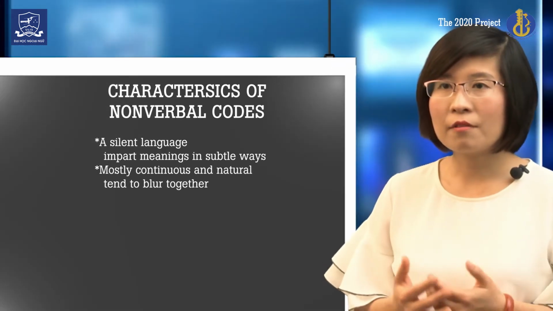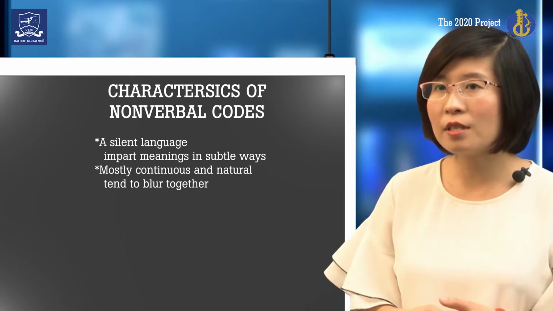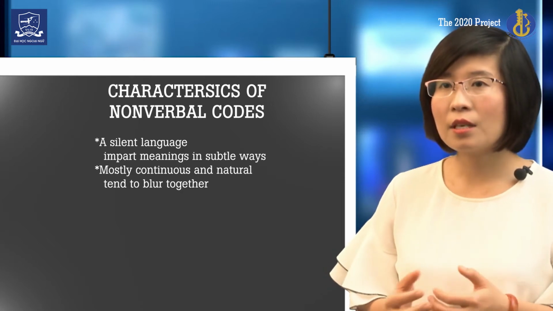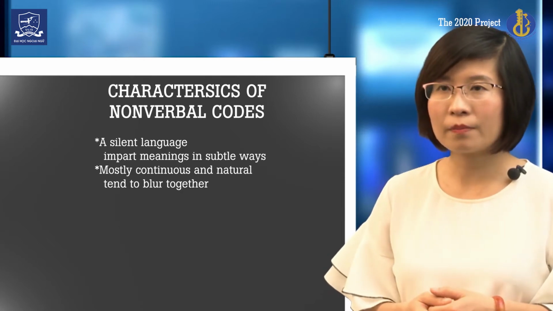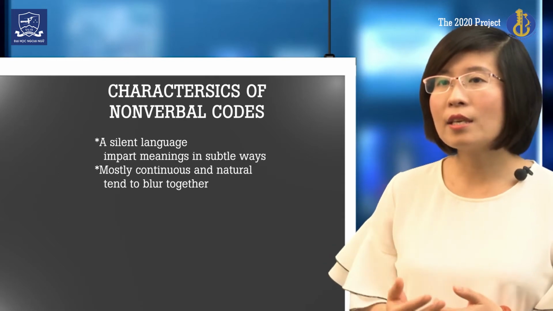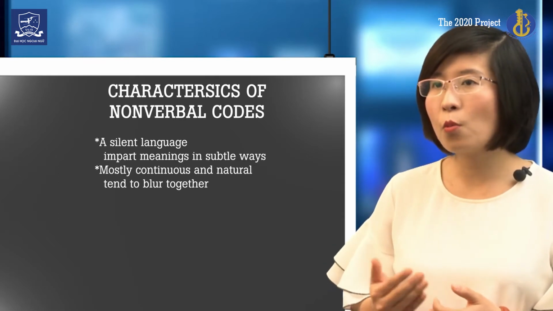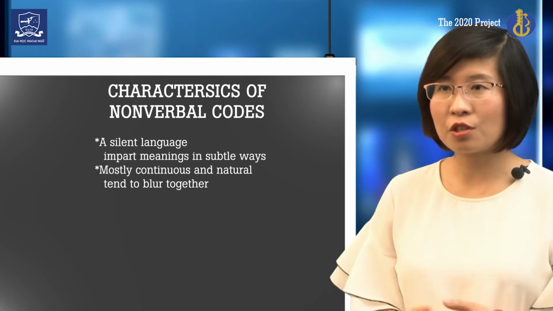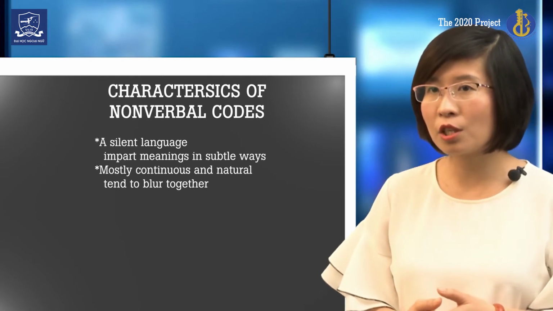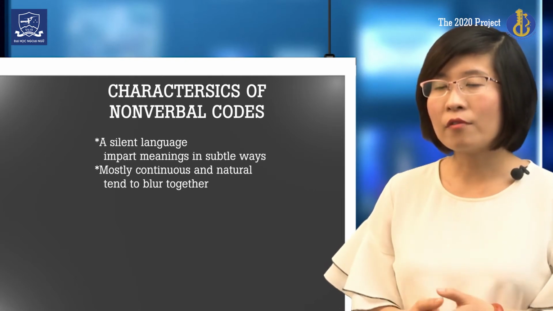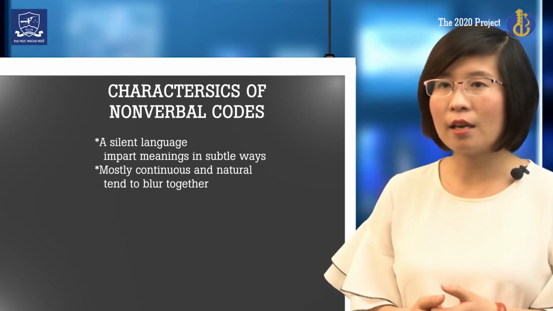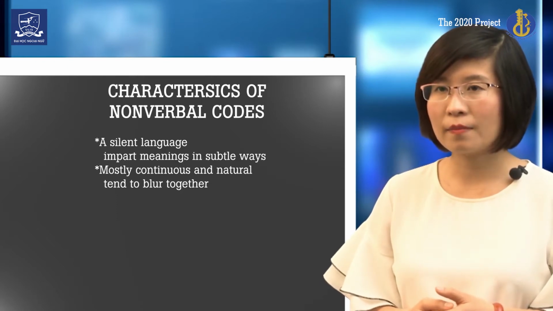Second, most of the nonverbal messages are continuous and natural, and they tend to blur into one another. For example, raising one's hand to wave goodbye is a gesture made up of different muscular movements. However, it is interpreted as one continuous movement.